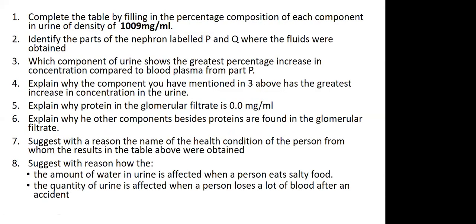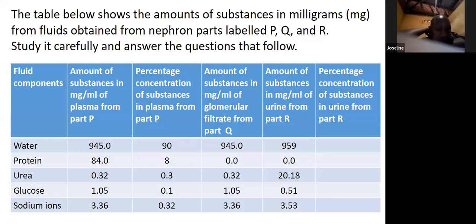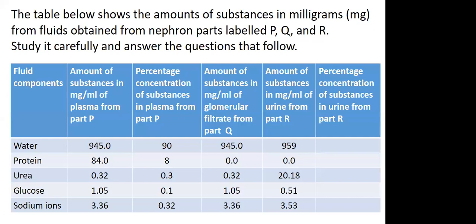Okay, if we look back at our question here, before we go to the next question, we are required to appreciate the variation in these components in part P, part Q, and part R. So how can this variation help us know from which part they were taken?